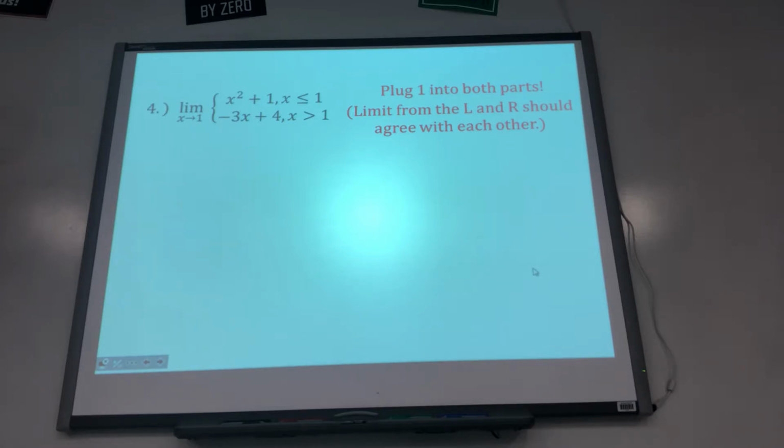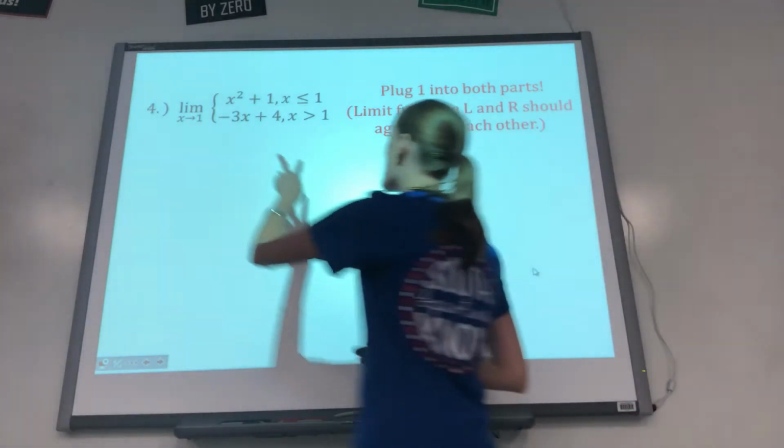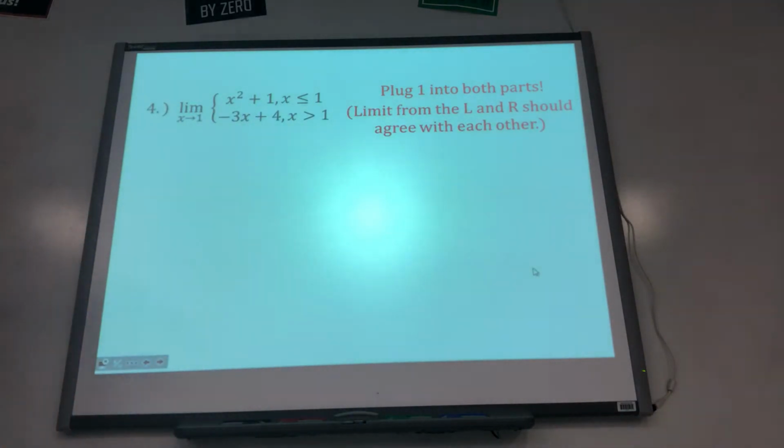I'll explain more about that once we actually do it. But we're going to plug the 1 into both parts, and whatever you get from the first behavior, from the left, should equal what you get from the second behavior, which is from the right. Okay, so let's try that.